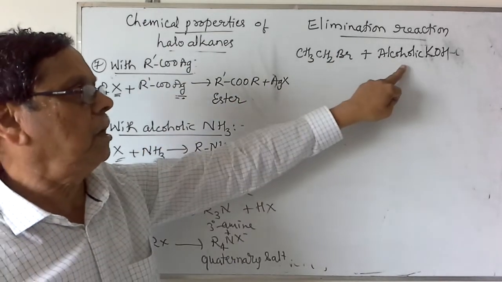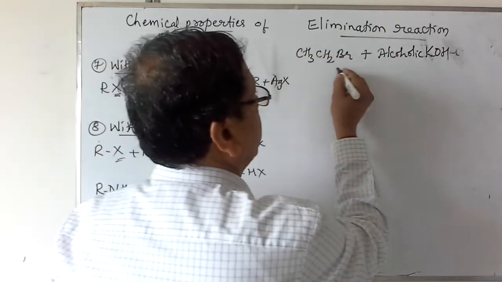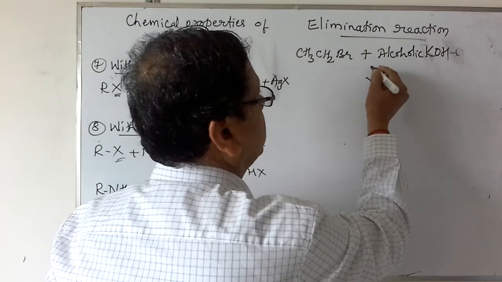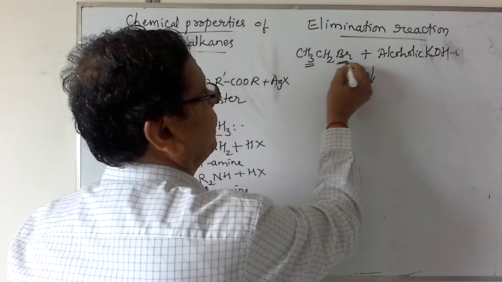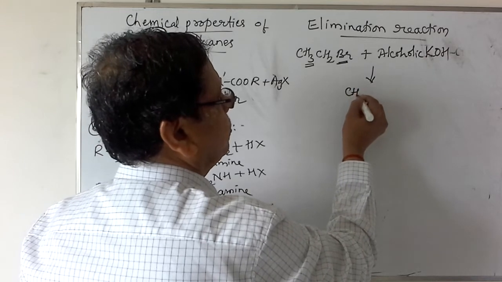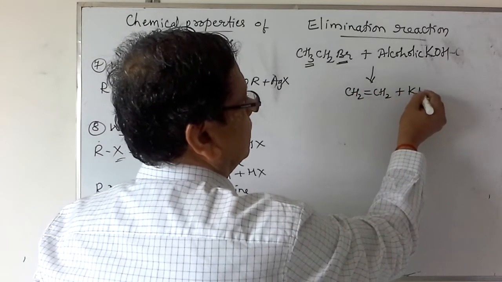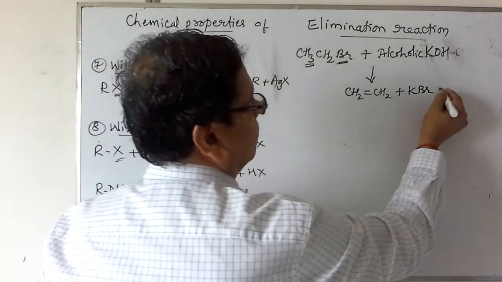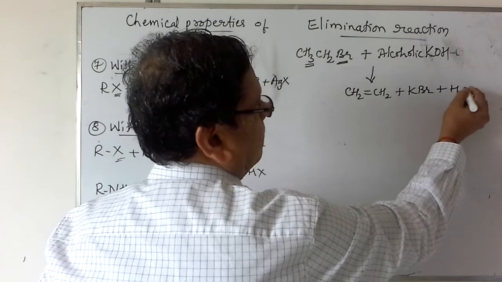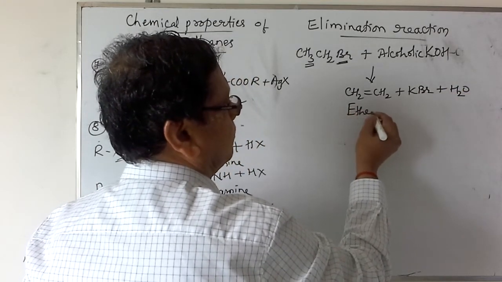If you are using alcoholic KOH, it will undergo elimination reaction. This alcoholic KOH will eliminate a molecule of HBr. Hydrogen from this carbon and bromine from this one are eliminated to give rise to CH2=CH2 along with KBr plus water. So this ethene is the product.